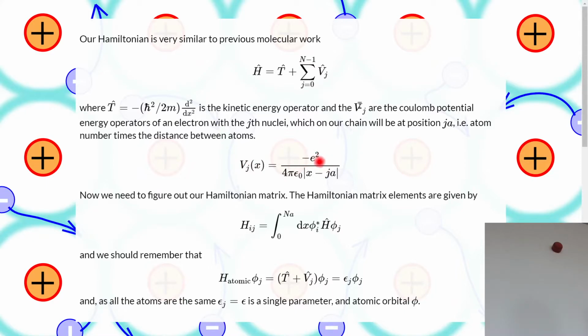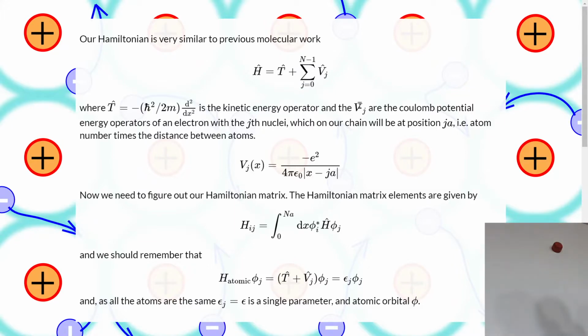So it's the square of the charge. Again, I'm specializing to the fact that the electron has the charge of an electron, and the nucleus essentially is a proton in this case. So it's a fixed thing with a charge of plus the charge on an electron.